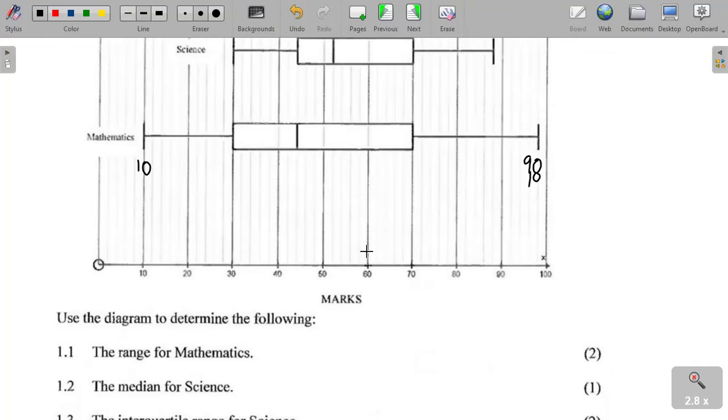So then the range here, for the range you must say the highest minus the smallest. It's going to be 98 minus 10, which is going to be 88.